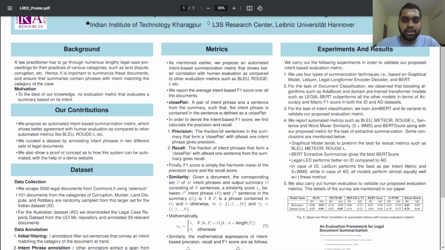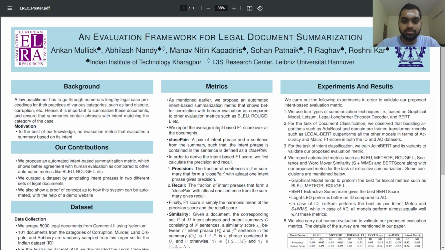Now we will look at how we have defined our metric. There are actually two types of summarization. Summarization could be extractive, where the summary has spans from the original text, or the summarization could be abstractive, where the summary is generated using the original text.